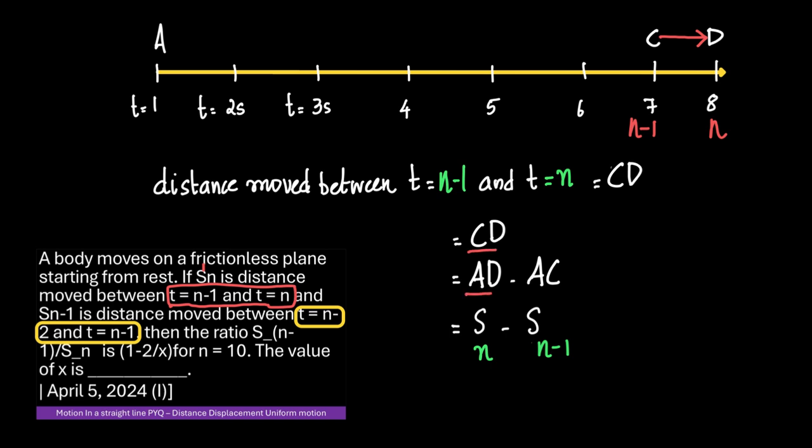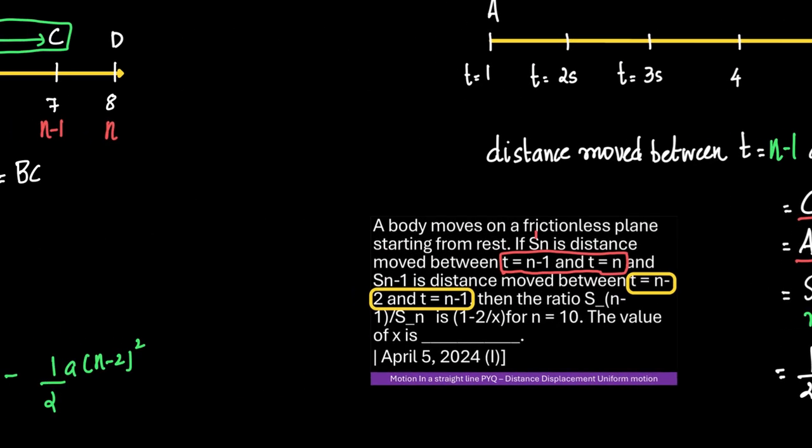CD is AD minus AC. What is AD? AD is this complete distance, so this is Sn. What is AC? AC is this complete distance from A to C till 7, which is Sn minus 1. This can further be written as half A into n square minus half A into n minus 1 the whole square. Did I write n here? Yeah. Okay.